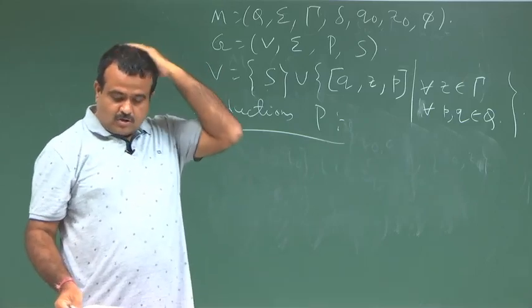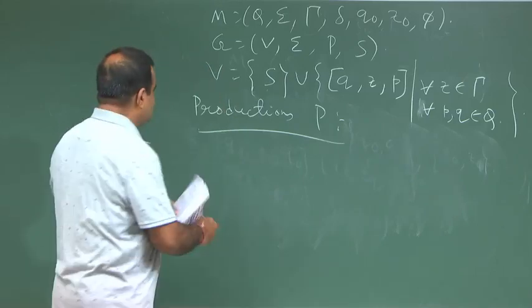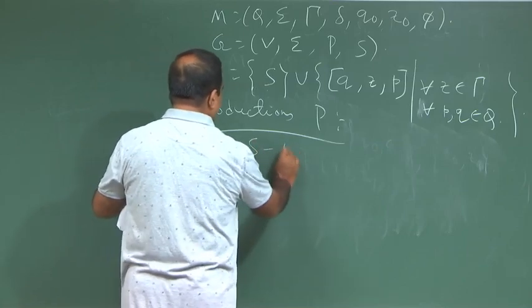Okay. So to construct the P, we will take S first, the S productions.